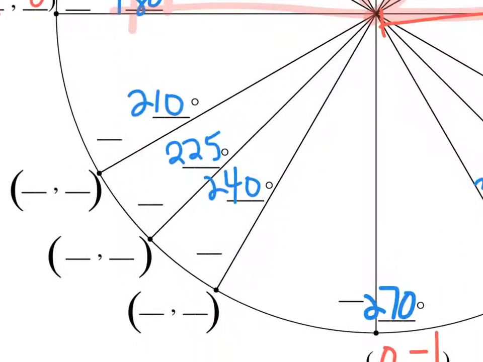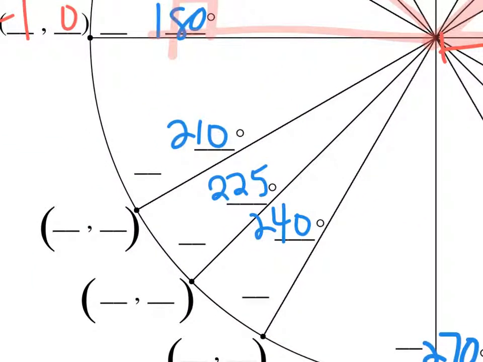All right. Let's go down to the other 45, the 225. Okay, what's the x and y coordinate on the 225? Negative and then negative.